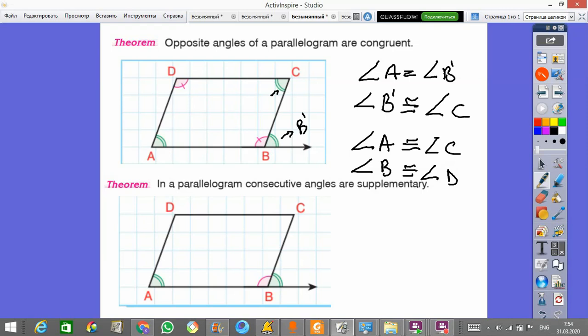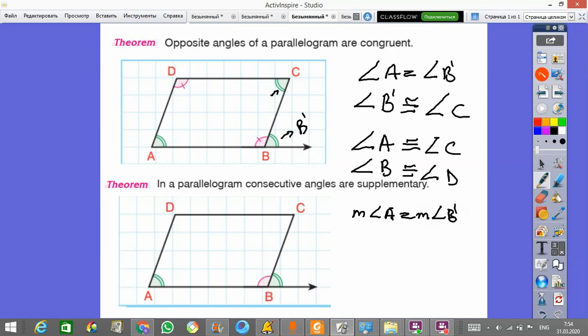So here, the measure of angle A is equal to the measure of angle B prime. In the previous theorem we learned this property.